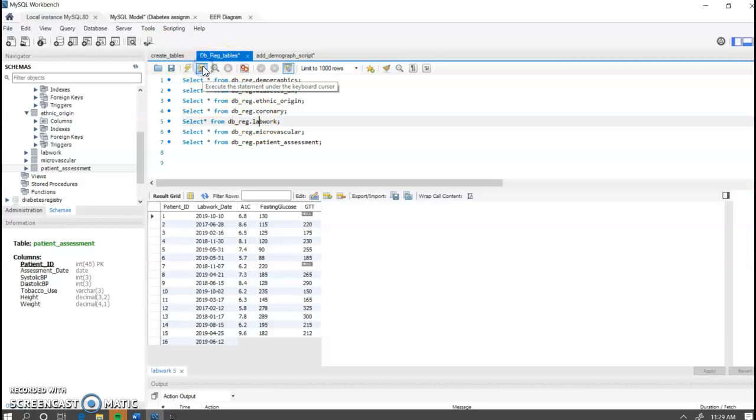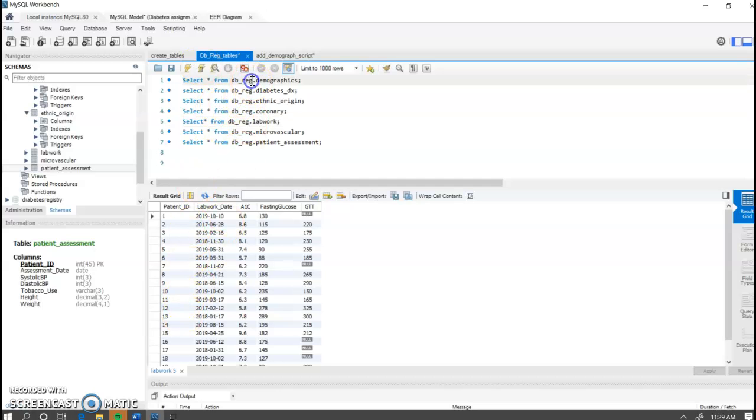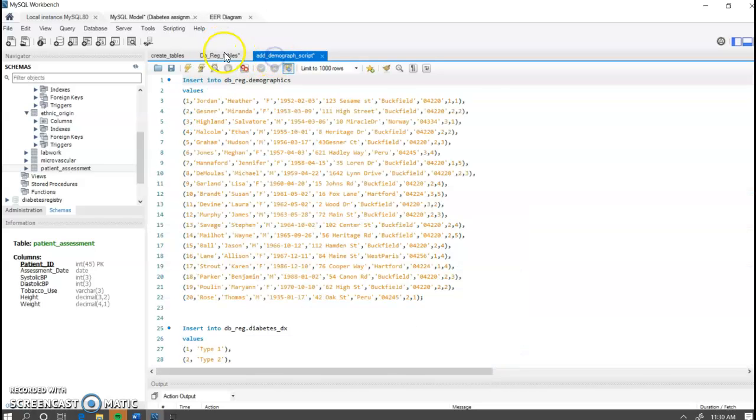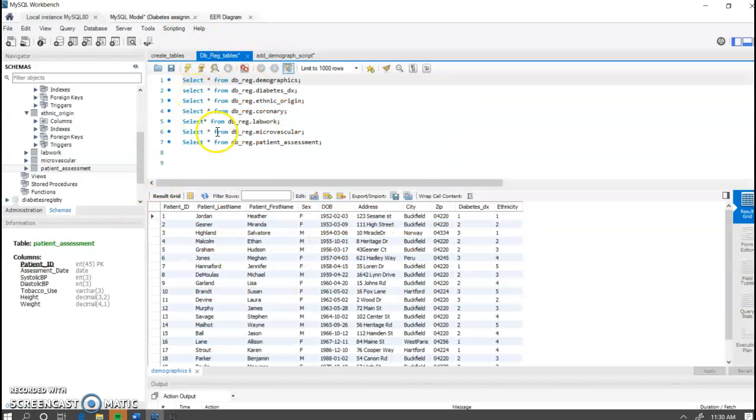Then I have my glycemic labs, which includes that A1C. I have my fasting glucose. I have my GTT. As you can see, not everybody has a GTT. And if you go back to my demographic field, you'll notice that anybody with a type 1 diagnosis is not going to have a GTT.